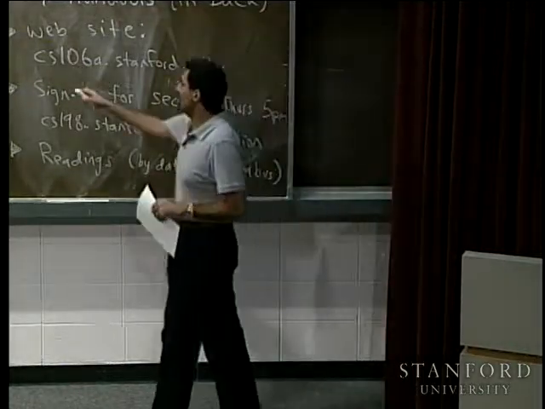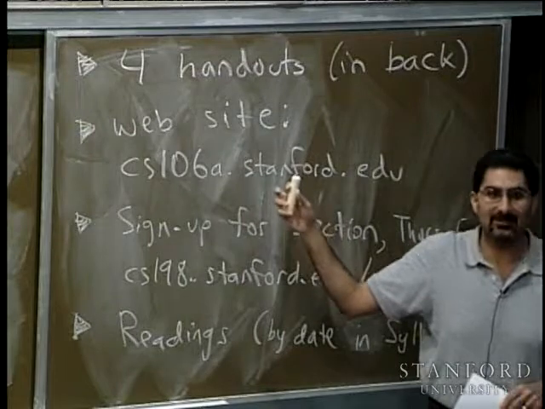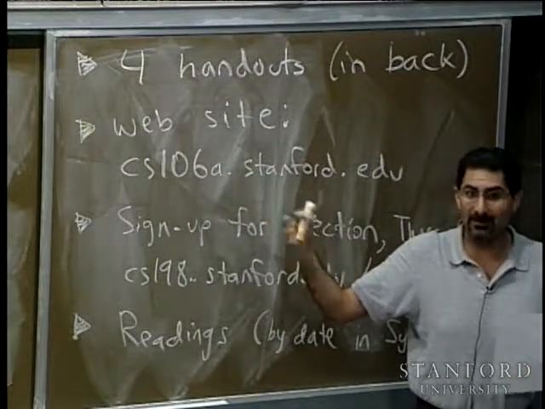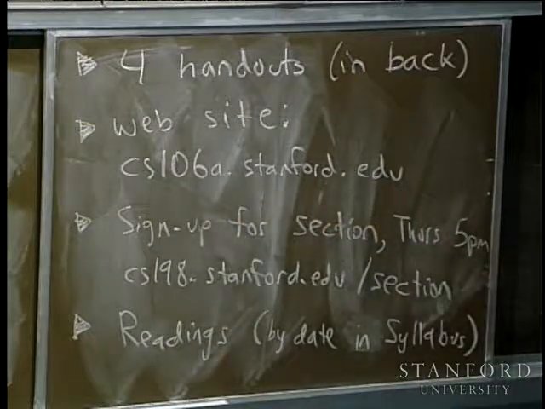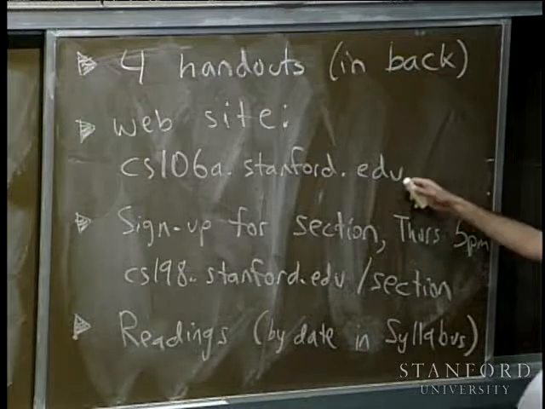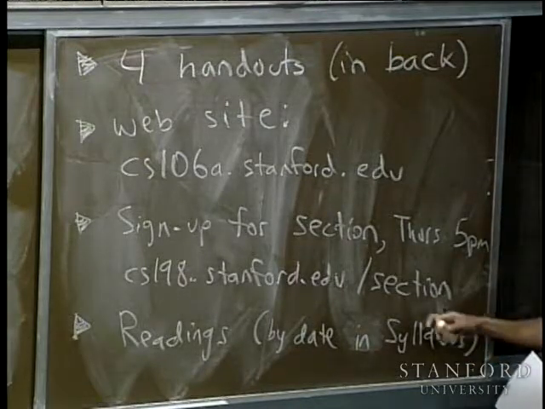A couple other quick announcements. In case you weren't here on Monday and you don't know what handouts I'm talking about and you don't know where to get them, go to the class website, cs106a.stanford.edu. There will be electronic copies in PDF format of all the handouts there, so you can get caught up if today's your first day. You also need to sign up for a section.